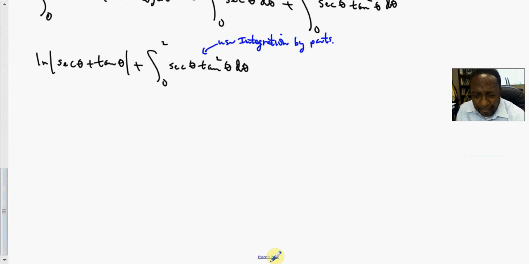So in doing that, let's see. It looks like if we let u equal to tangent theta, then dv can represent secant tangent, because the integral of secant tangent is secant. So that helps us out.